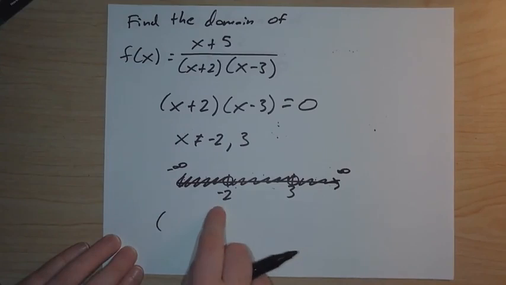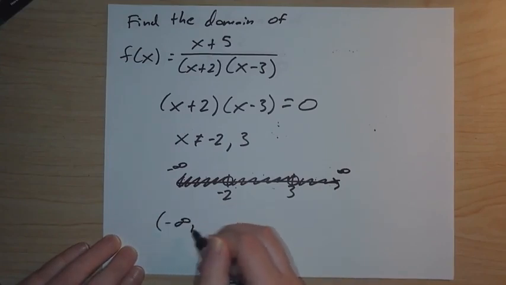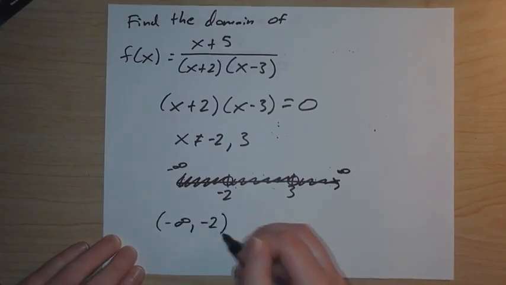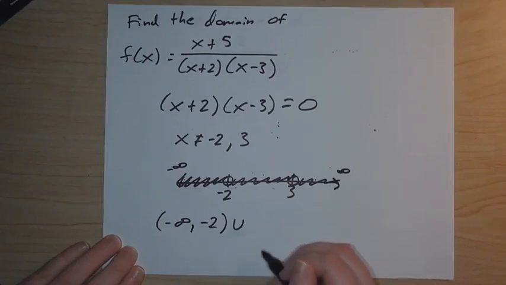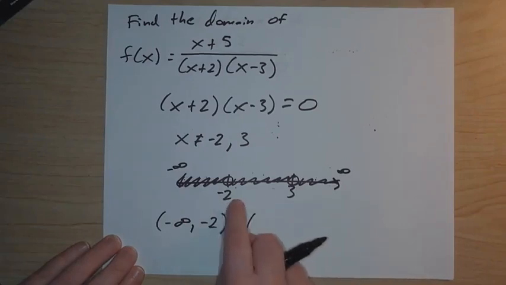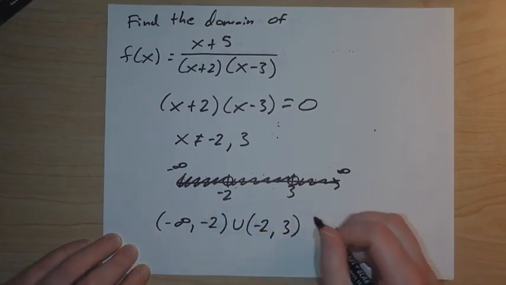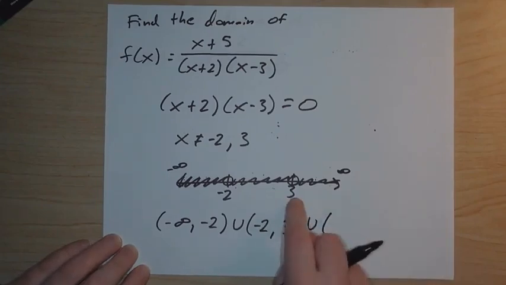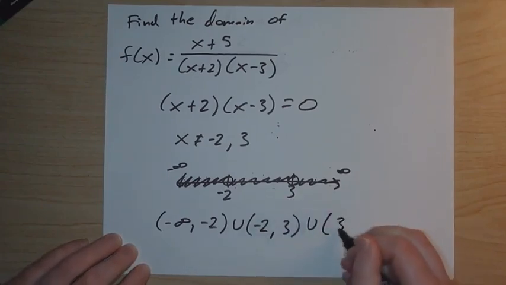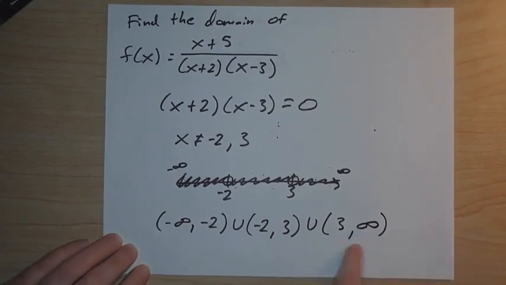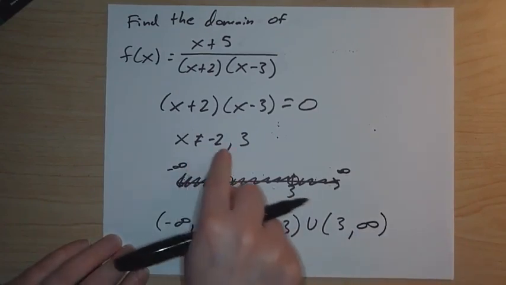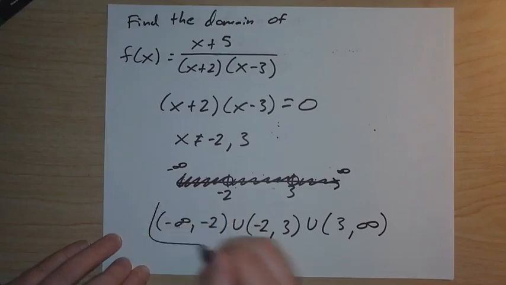You have negative infinity to negative 2, not including negative 2, so it's an open parenthesis, united with, in between, negative 2 to 3, not including 3, and then united with everything from 3 to infinity. So this is what x can be; this is what x can't be, but this is what x can be.